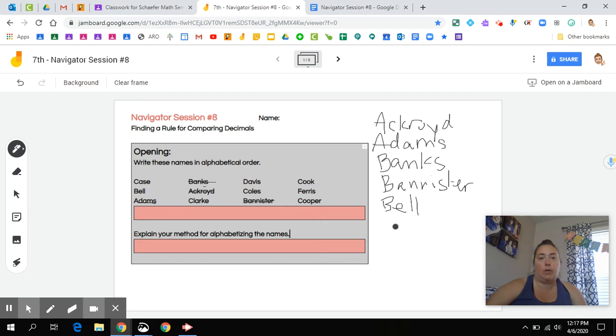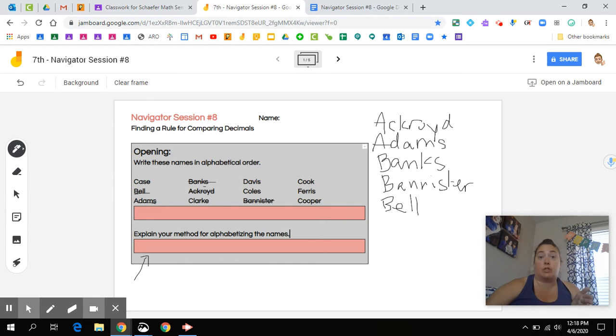And we're going to keep going through this process, using up all of the names that you had within your Google document there, making sure you get everyone. And then you're going to do this bottom part down here where it says to explain your method for alphabetizing. So where did we start? Did we start with the last letter? Did we start with the first letter?